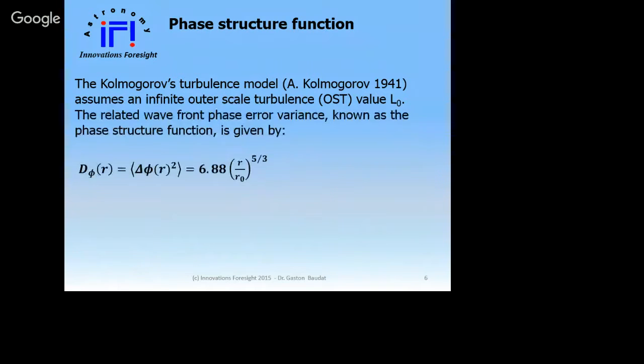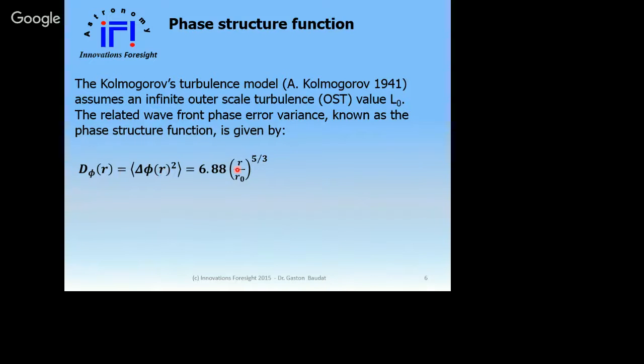If you look at the model, basically it gives you a description of the variation of the phase across the field. If you look at this equation here, this is the variation of the phase. As I said before, the phase can be in radians, an angle, or in wavelengths.